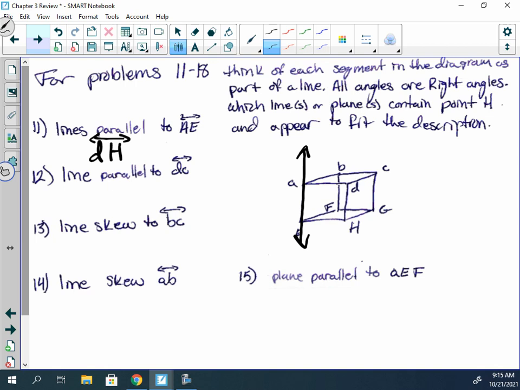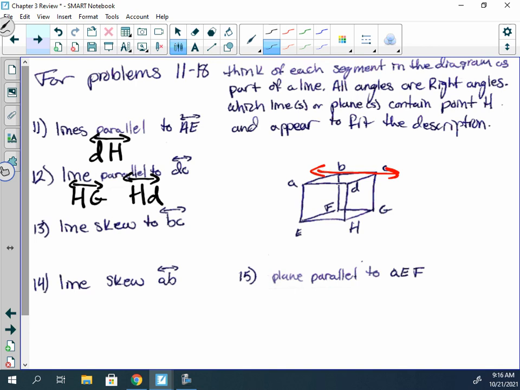Line skew to BC. So BC is right here. So HG would be 1. I'd say HD, because it's contained within the plane for BC, or DC.